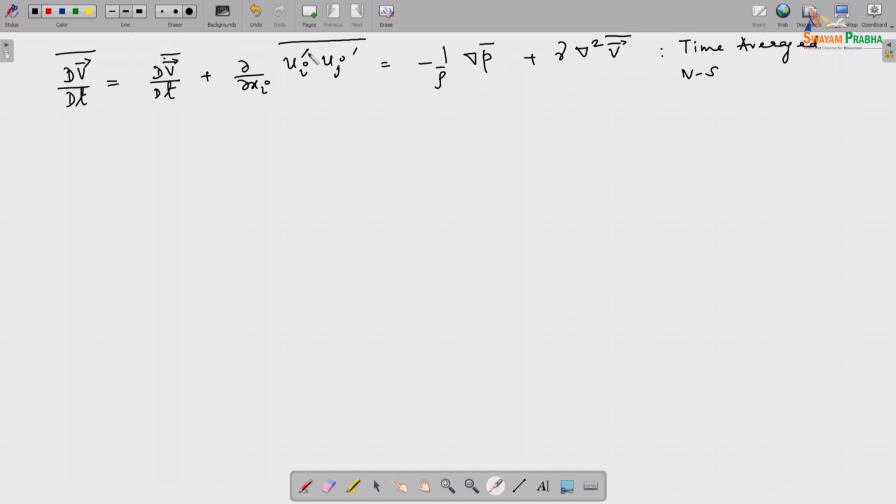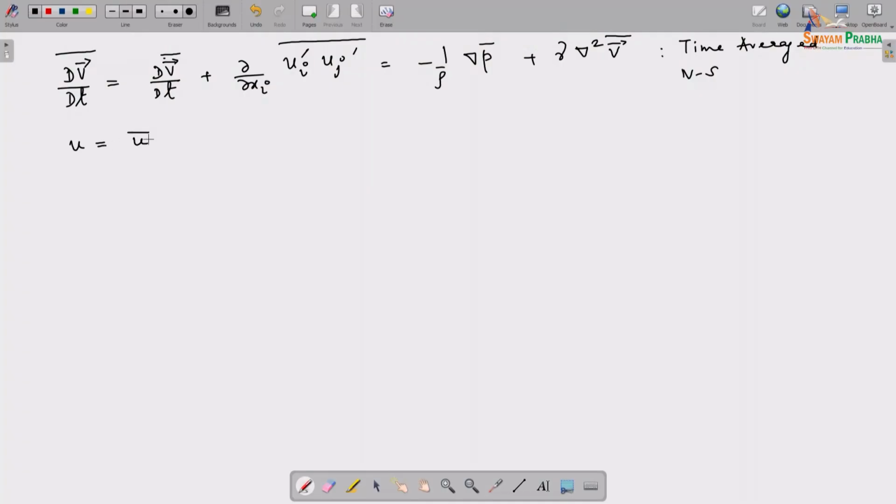The primes represent the fluctuating part of the velocity, and remember we wrote the velocity, for example the x component of velocity, as a time averaged part plus a fluctuating part, and these depend on x, y, z, and t, and so on, even for the other two components, right.